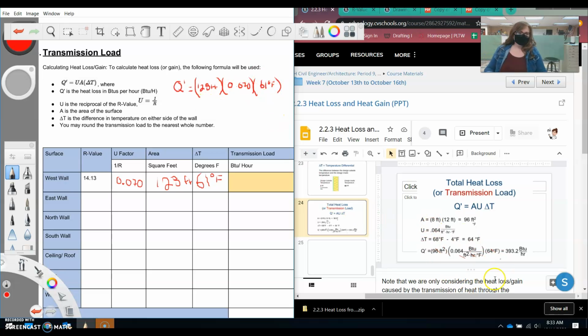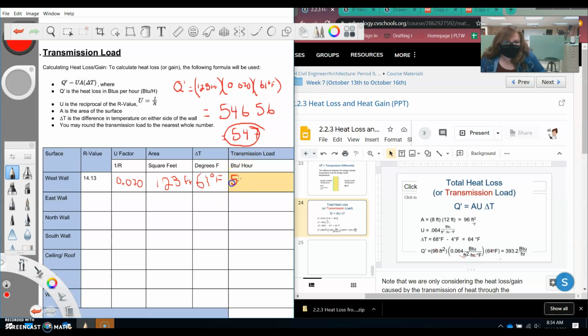Once you cross out all of your unneeded units, we can then calculate by multiplying 128 times 0.07 times 61. And then it says here, you may round the transmission load to the nearest whole number. So I got an answer of 546.56. If I round to the nearest whole number, 547.